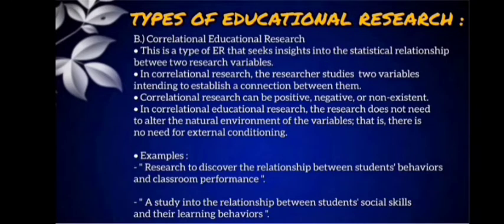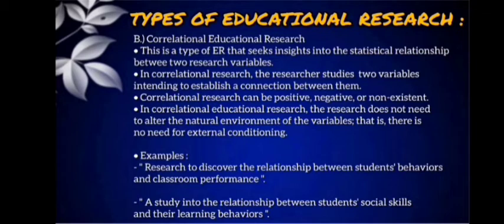B. Correlational educational research. This is a type of educational research that seeks insights into the statistical relationship between two research variables. In correlational research, the researcher studies two variables, intending to establish a connection between them. Correlational research can be positive, negative, or non-existent.